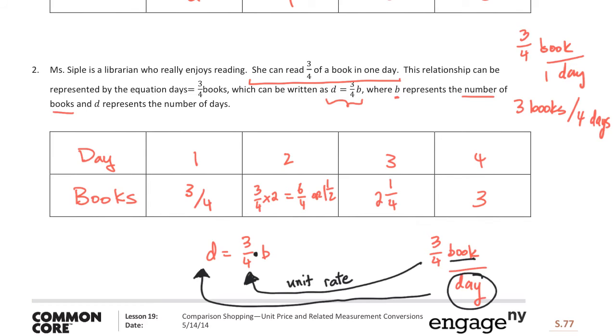So that's how it works. Some of these examples don't all match this directly, these first two. This is just trying to show you the relationship between the rates, creating a table, and so forth. So let's move to the next example.